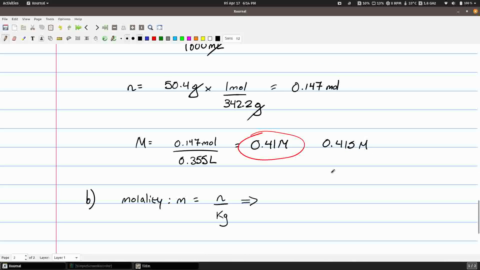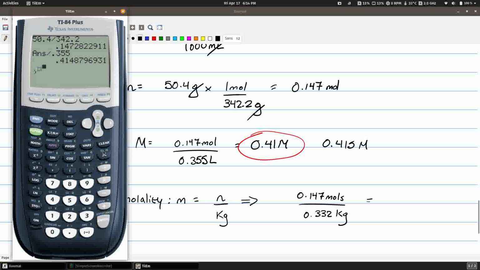So you have 0.147 moles divided by 0.332 kilograms. And then this is equal to, let's do this in the calculator. We have 0.147 divided by 0.332.